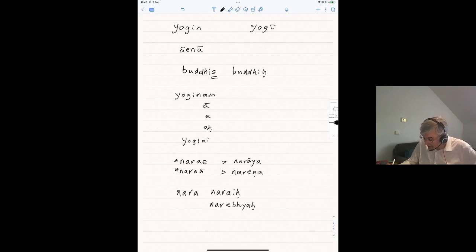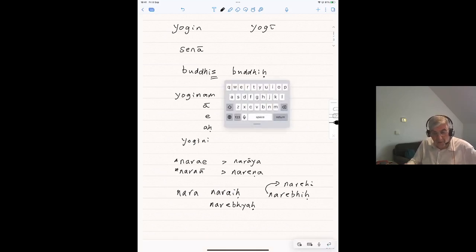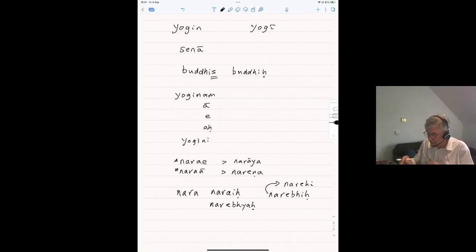Incidentally, in Vedic, not in classical Sanskrit, an alternative instrumental plural was allowed, narebhih. You will not find that in classical Sanskrit, but you will find it in the Vedas. And for the Pali students among you, that accounts for the instrumental plural narehi in Pali, with a lenition, a softening of narebhi to narehi. That accounts for the Pali form, which is traceable back to Vedic, and not from classical Sanskrit.